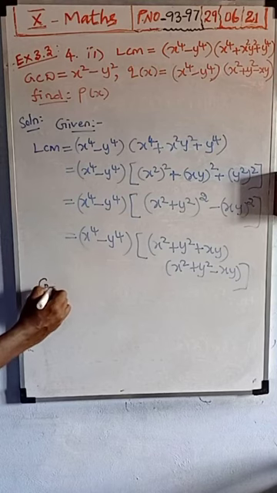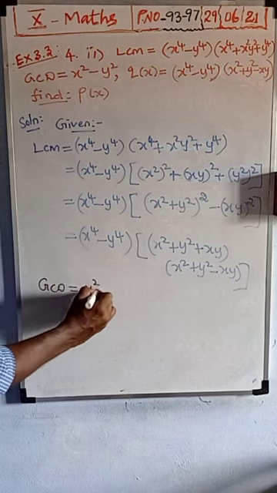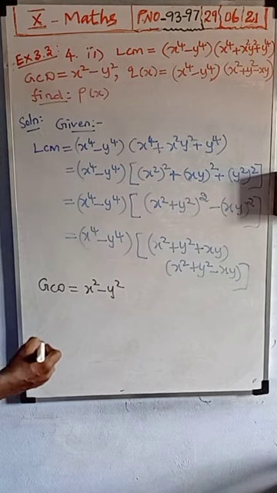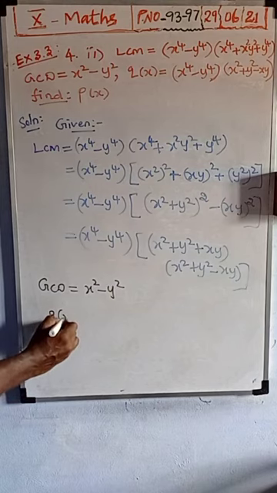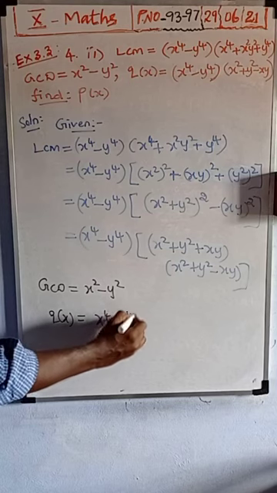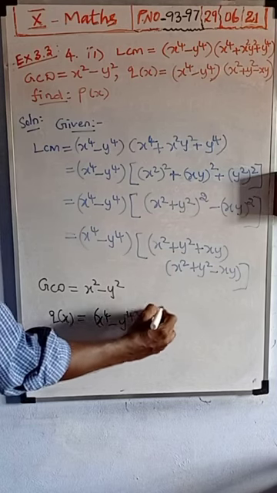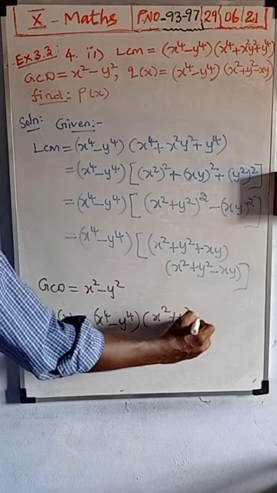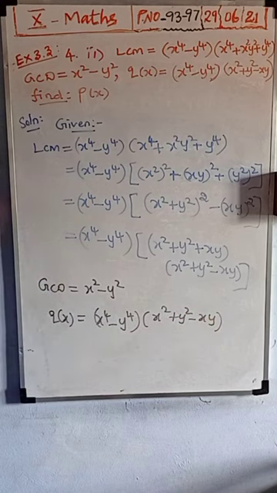Then next, the GCD is as it is: x square minus y square. Next, q of x is the same x power 4 minus y power 4 into x square plus y square minus xy, as it is. Now we need to find p of x.